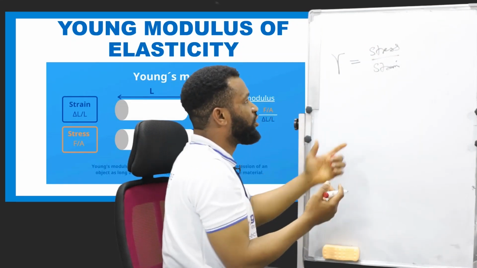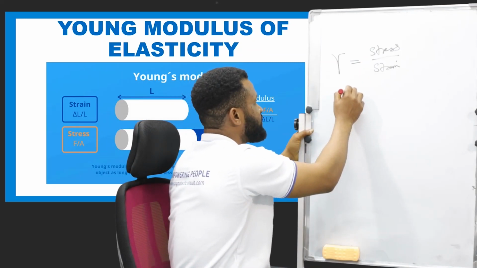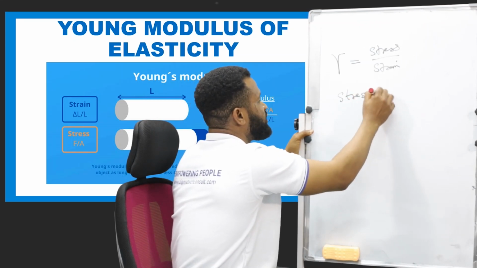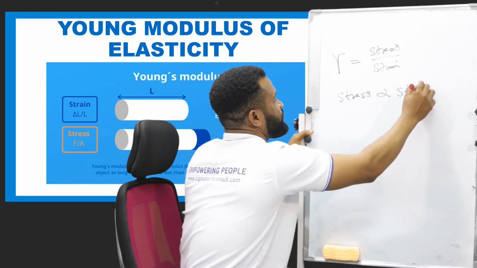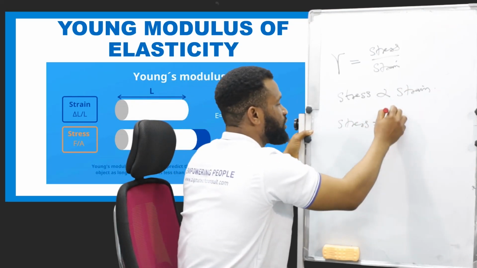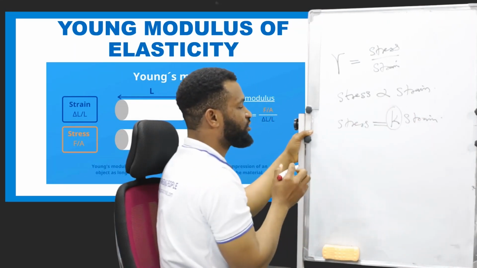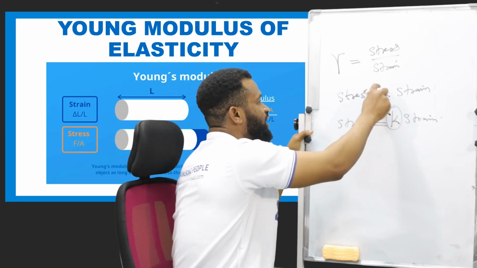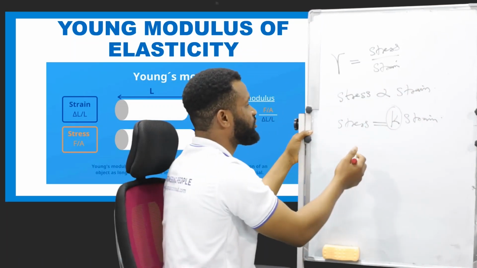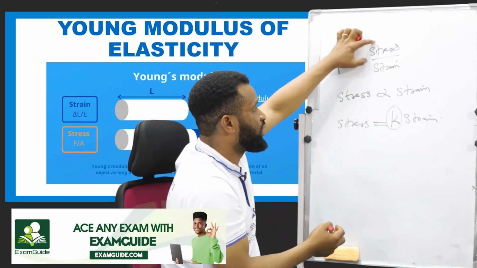So we are going to say it is a ratio of stress over strain. However, you can also say that stress is directly proportional to strain. So we say that stress is equal to K strain, whereby this K is a constant. When stress is directly proportional to strain, the constant of proportionality is given as the Young modulus, and that is it. And Young modulus is defined as the ratio of the stress to strain.